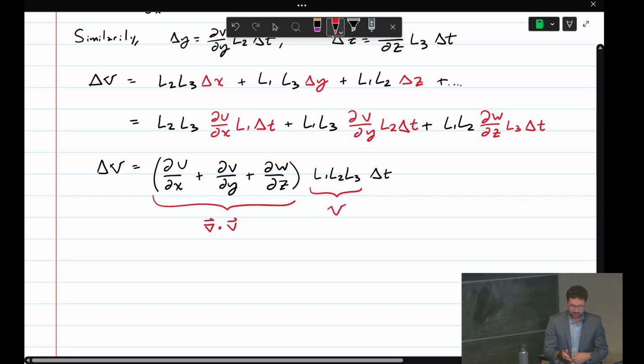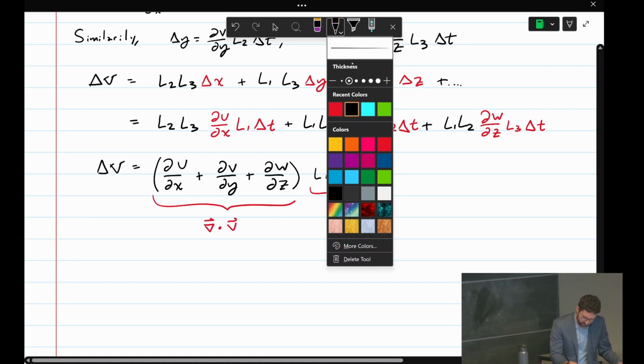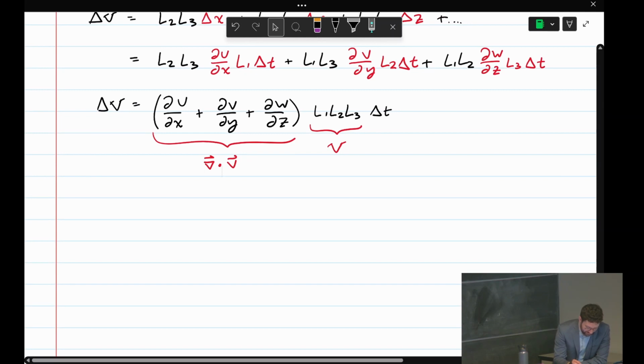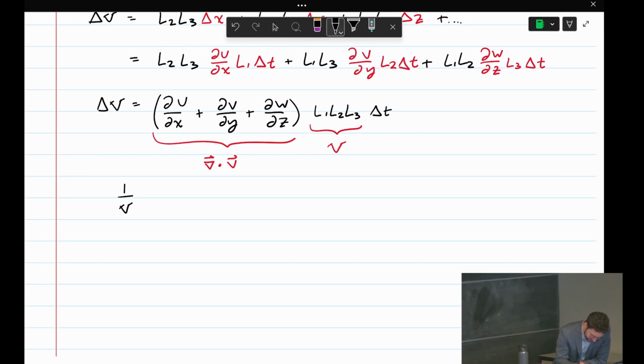Okay. So I'm going to rearrange this expression to get our volumetric strain rate. And we're going to let the deltas go to the infinitesimal scale, so the deltas turn into d's. So we get 1 over v dv dt. So our volumetric strain rate equals partial u by partial x plus partial v by partial y plus partial w by partial z.